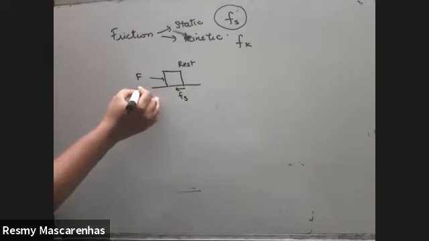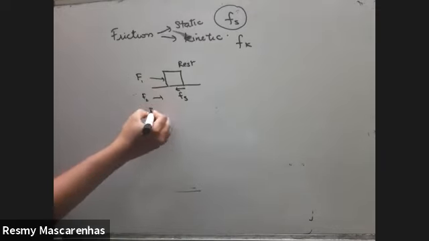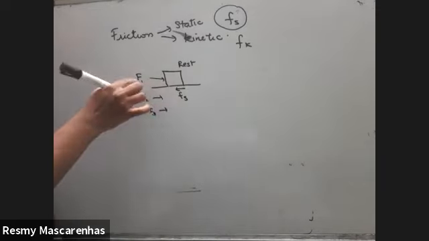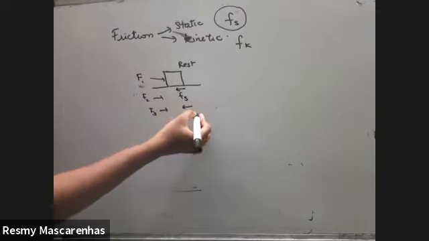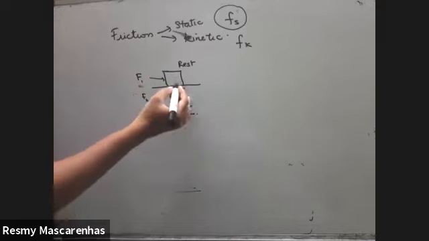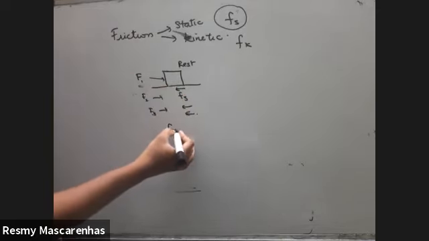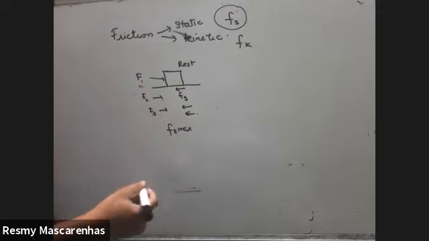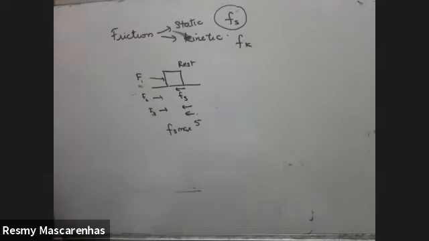You keep on increasing the force, suppose F1, F2, F3. You start with a small force, and as you increase it, static friction also keeps on increasing. But at one point there will be a limit which it reaches, that is called f of s max. Suppose, as an example, this is 5.